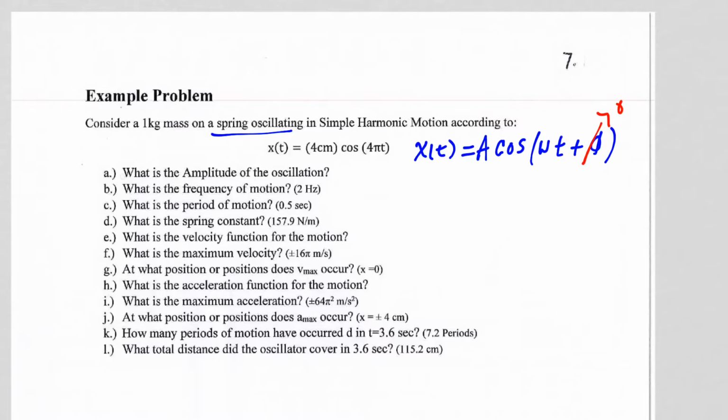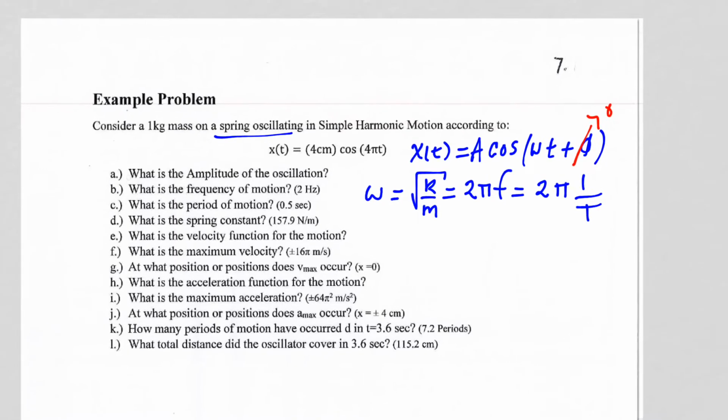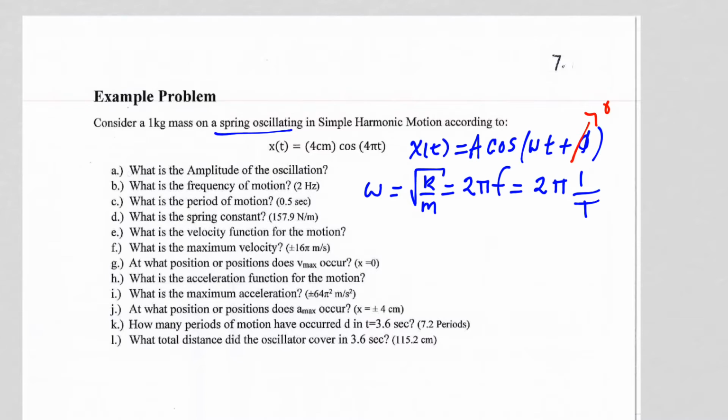We will also use, and you definitely want to get this down right away, omega equals the square root of k on m equals 2 pi f equals 2 pi 1 on the period. You want to have those equations down in front of you right away to problem solve any numeric simple harmonic motion problem. So take the derivatives to get your velocity and acceleration if you need them, and you will for this problem.